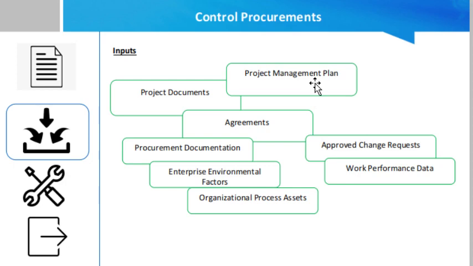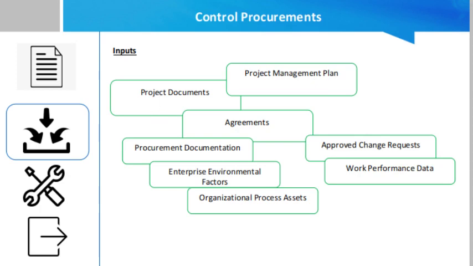It is a combination of many documents, for example the requirement management plan, risk management plan, procurement management plan, change management plan, schedule baselines, etc. So it is a combination of multiple documents that describe how you will manage the project. In that project management plan, a very important document is the procurement management plan, which describes how you will manage the purchasing of goods and services for a project.